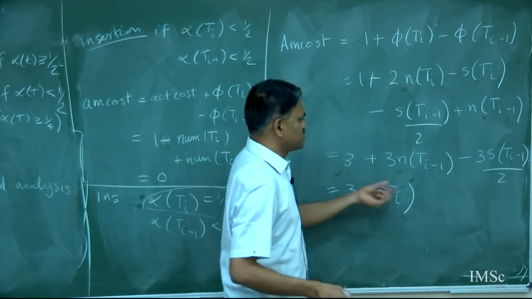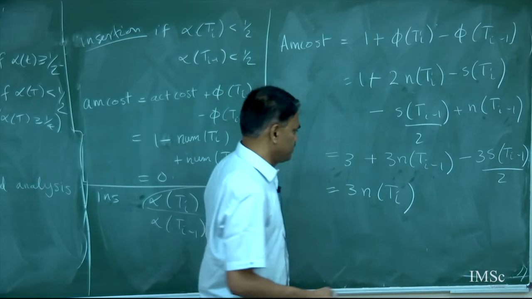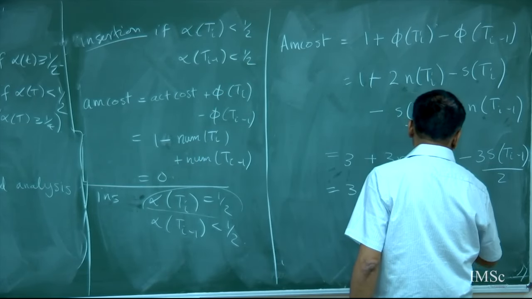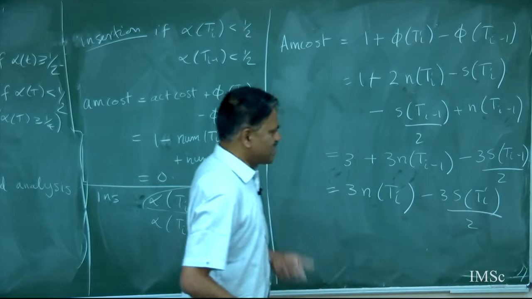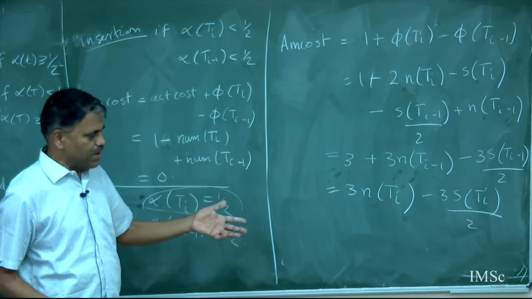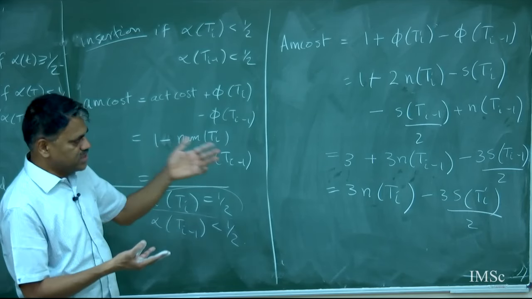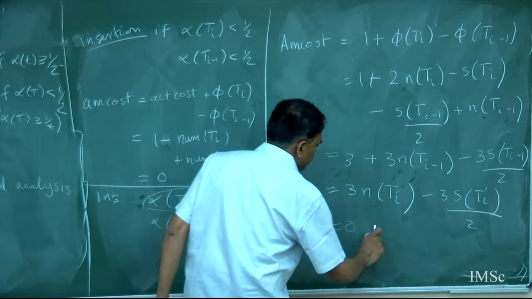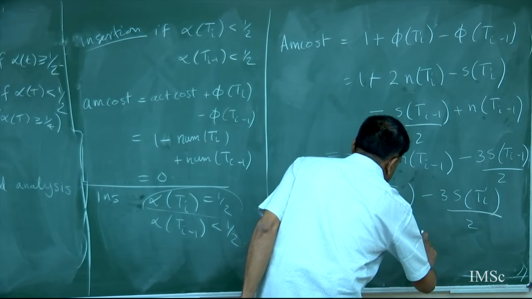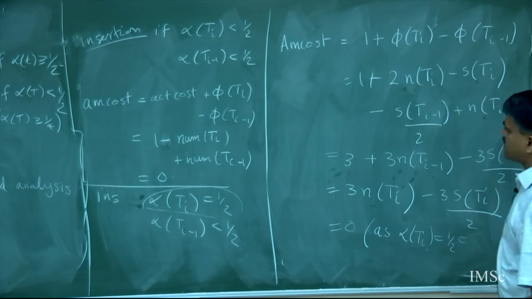That's good, right? Because n of Ti is 1 more than n of Ti minus 1, so this 3 accounts for it. Minus 3 s of Ti by 2, because the table size is the same. Now that cancels out, because n of Ti is exactly size of Ti by 2. So this is 0, as alpha of Ti is equal to half, by definition.